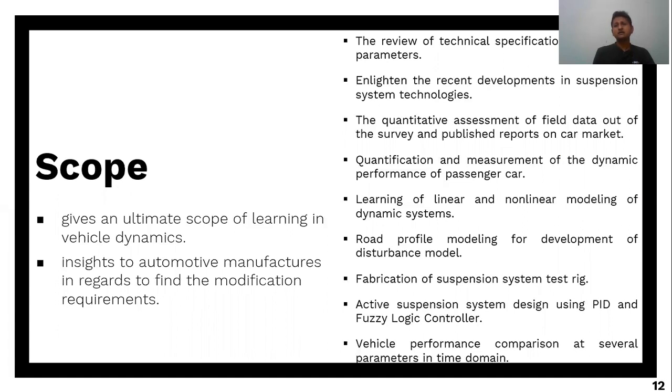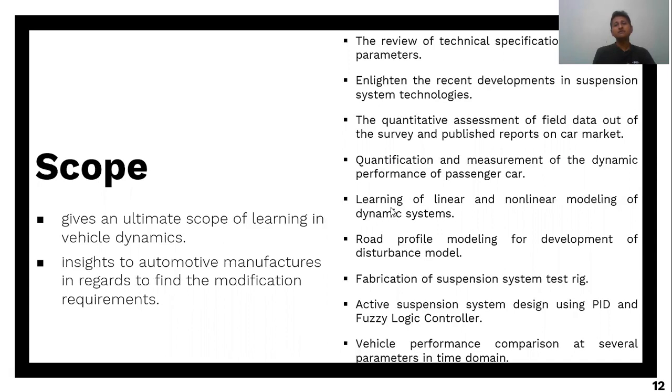A quantitative assessment of field data from the survey and published reports on the car market has also been provided in this literature survey. The quantification and measurement of the dynamic performance of a car is very important because there are some subjective parameters here, so we have to find some scales to quantify the performance of a suspension system.